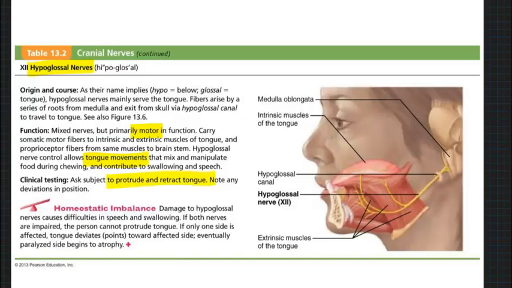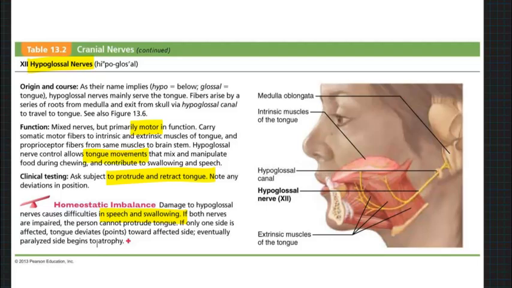Move the tongue. Damage. Problems in speech and swallowing. Why swallowing? Speech understood, right? You need your tongue to speak. Yes. You use your tongue to push the food back in the pharynx. So that's a problem. Okay? We're good? Okay. Questions?